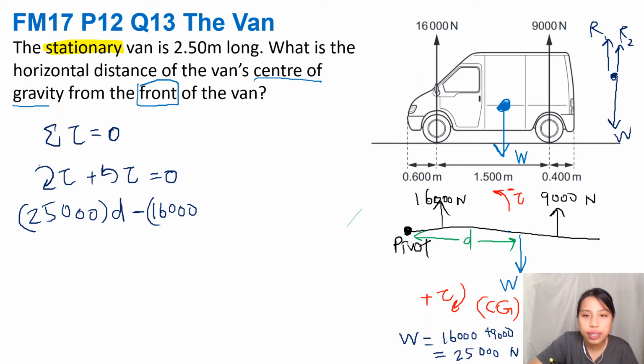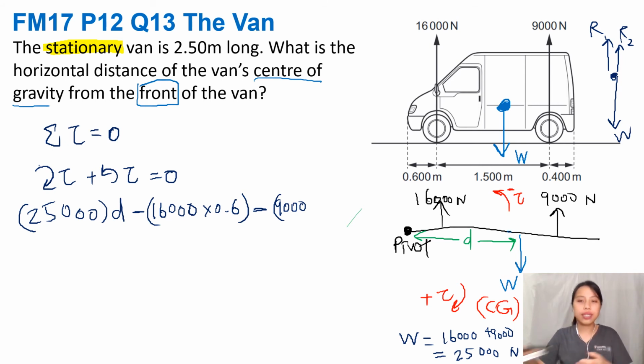How far is that 16,000 reaction force from the front of the van? 0.6 meters. Minus the other thing that's going to push it clockwise, the 9,000 Newton reaction force. How far is it away? 1.5 meters plus 0.6 meter, so that's 2.1 meters. Equals 0.